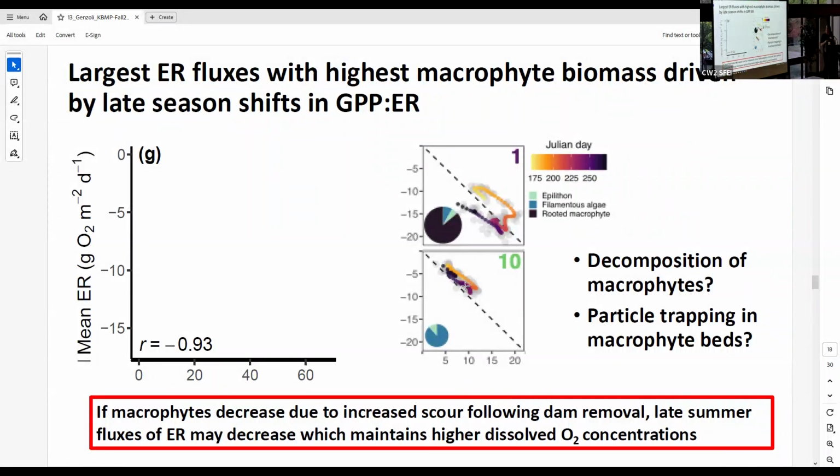And if that's the case, then late summer fluxes of ER may also decrease, which would potentially maintain higher rates of dissolved oxygen in the river in late summer and early fall at times that are important for salmon moving through. So there is a really cool potential water quality implication to having these macrophytes fewer or less dense than they were in 2019.